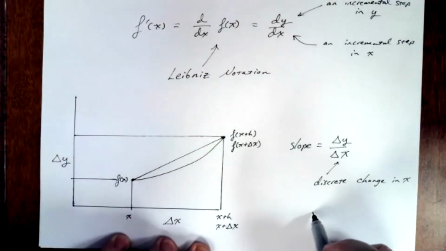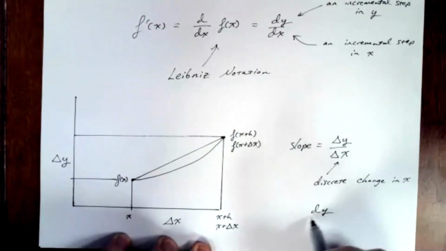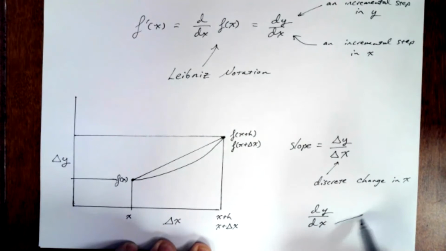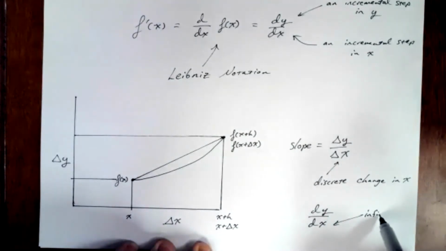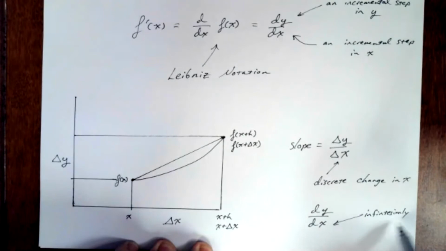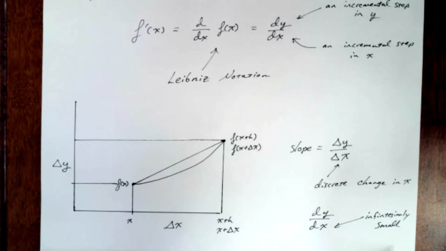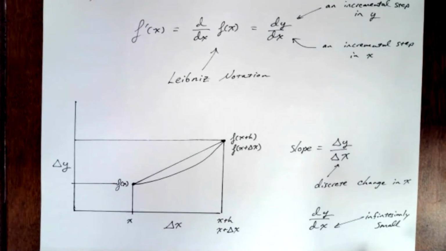Instead, it has to be infinitesimally small, and it gets so small that it approaches zero. And this is what the problem was with calculus for almost 100 years.